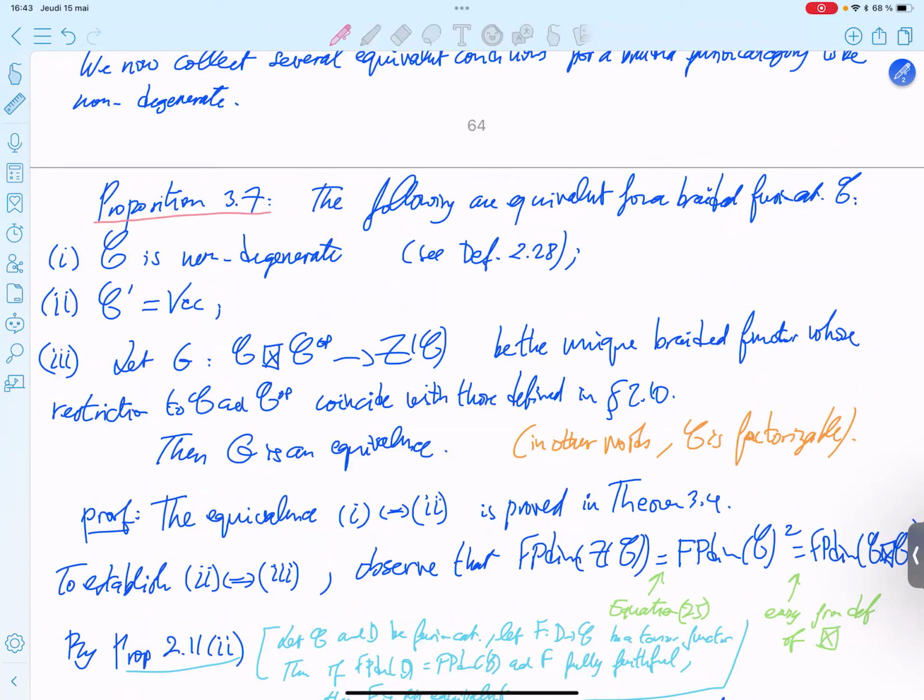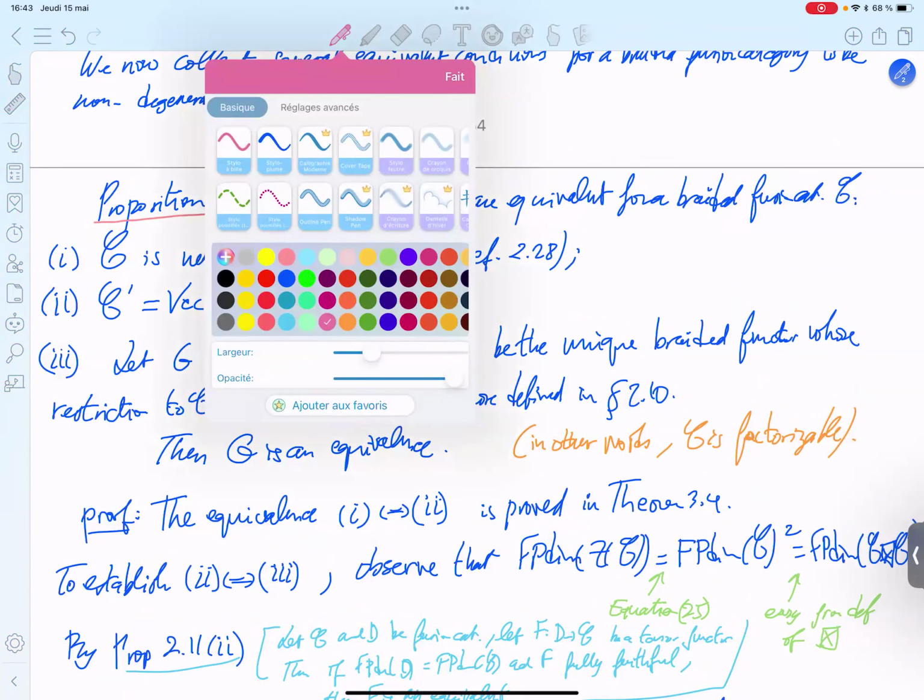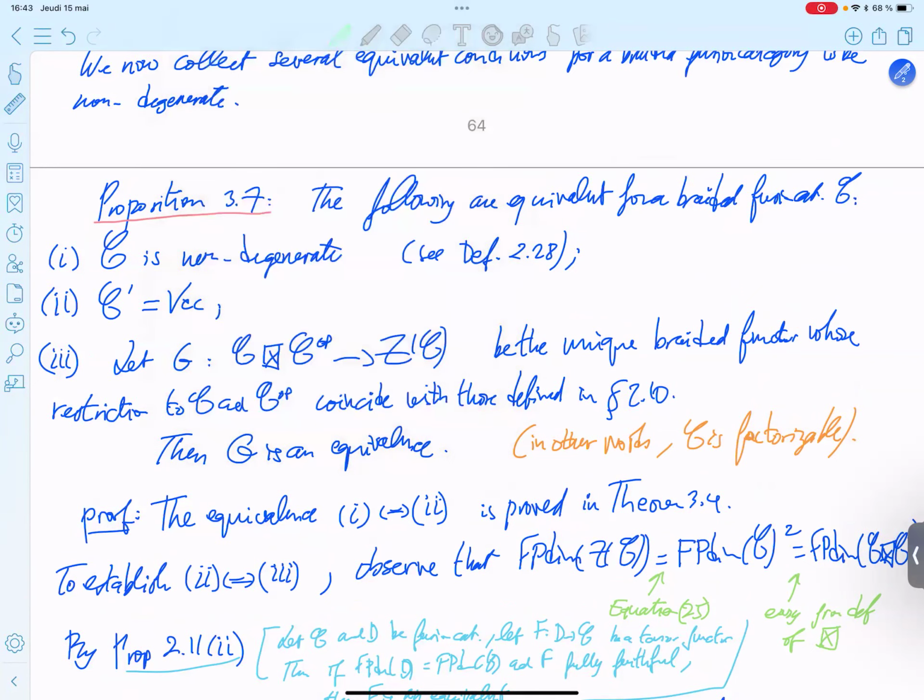The functor is defined by X and Y going to X tensor Y, because you know that C and C op embed into the center. As long as you have the embedding, the existence of the functor is okay.